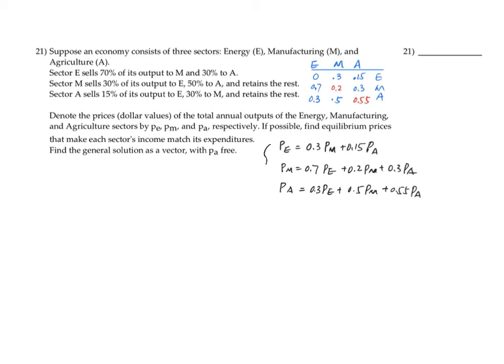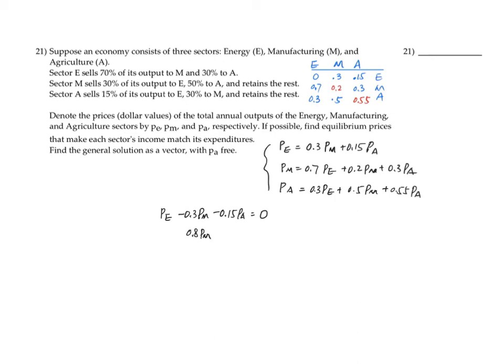So here I'm going to write the first equation as PE minus 0.3 PM minus 0.15 PA equals 0. And the second one, if you simplify, there's a negative 0.2 PM, so you have 0.8 PM, right?